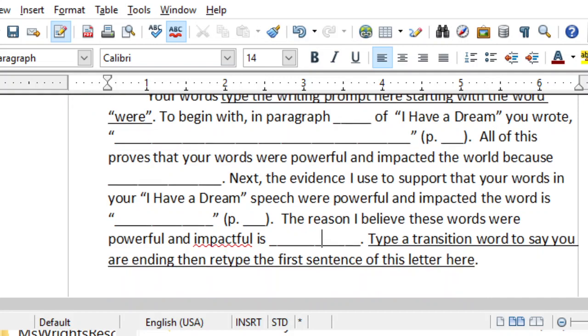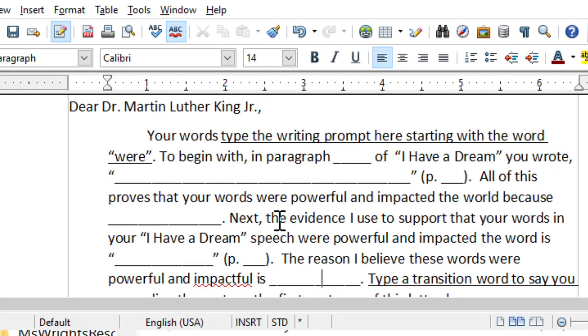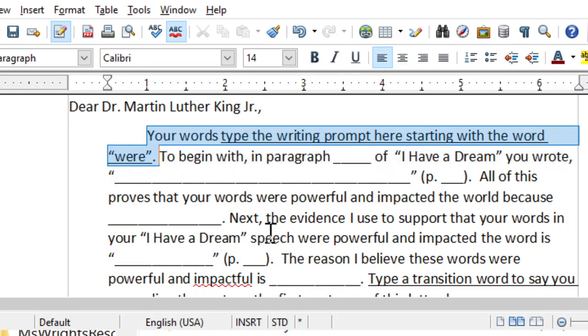Then the last sentence is you're going to type a transition word to say you are ending. So go to Google and find transition words to say that you are ending. And then you're going to retype the first sentence of this letter here. And that first sentence is this right here. This is the first sentence.